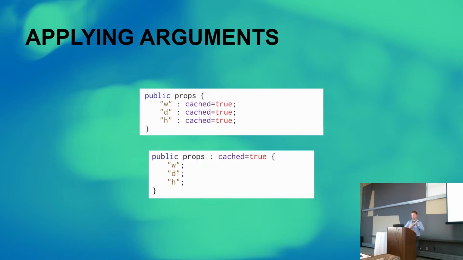So instead of actually saying cache equals true for every single PropDef, I'm just putting it on the scope, the prop scope, so that makes it apply to everything within the scope. So now all of those guys are cached.